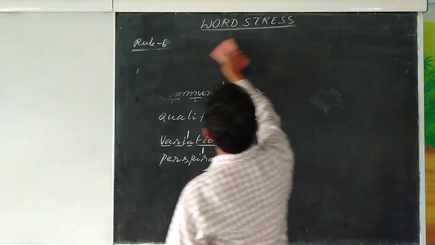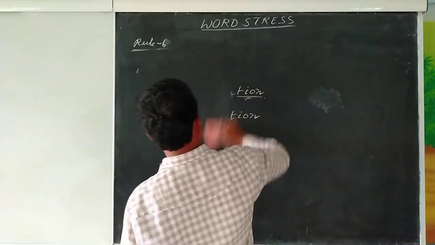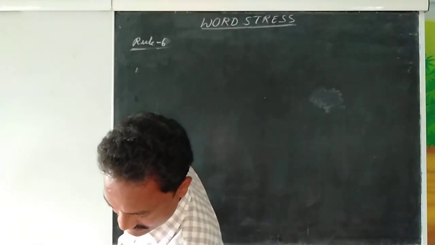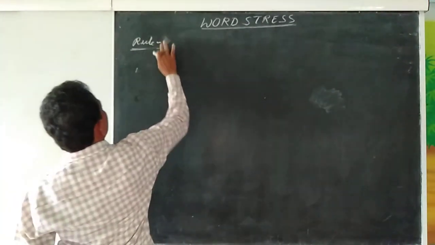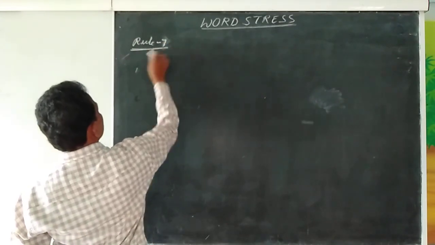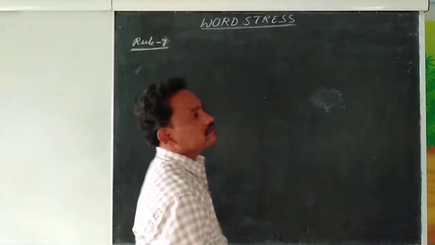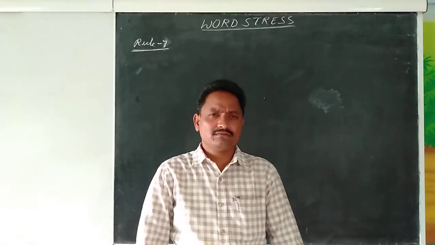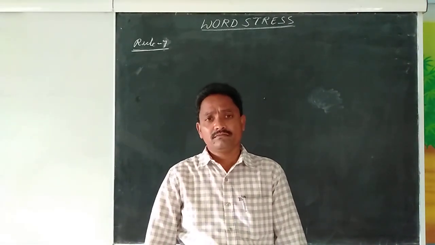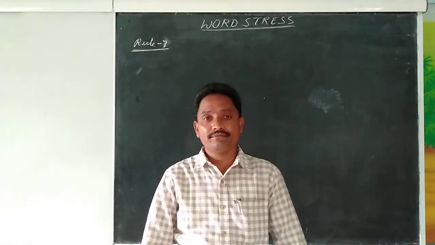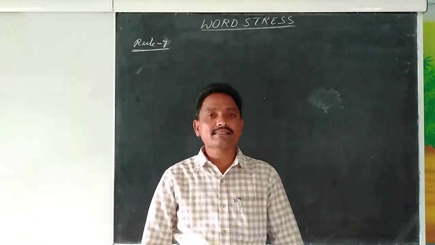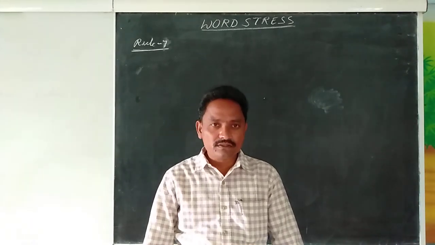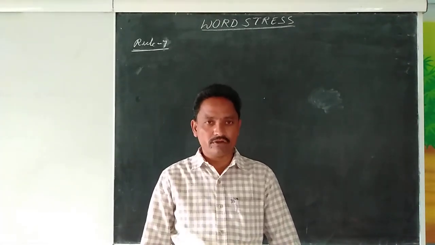Now the next rule is rule number 7. Do you remember pronoun? What is pronoun? Because that is first year grammar. Pronoun is a word which is used instead of a noun.